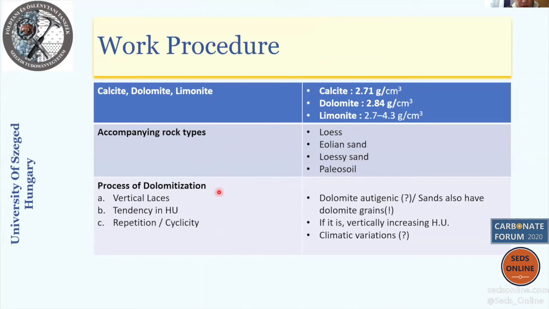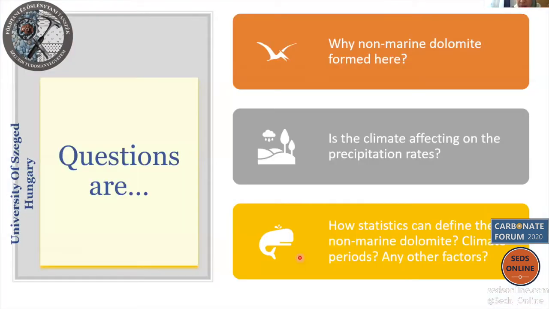After that, we want to know about the process of dolomitization in vertical layers, where the dolomite is authigenic, and the sand also has dolomite grains. About the tendency in the Hounsfield unit, is it vertically increasing? And we need to know the cyclicity of the climate variation.